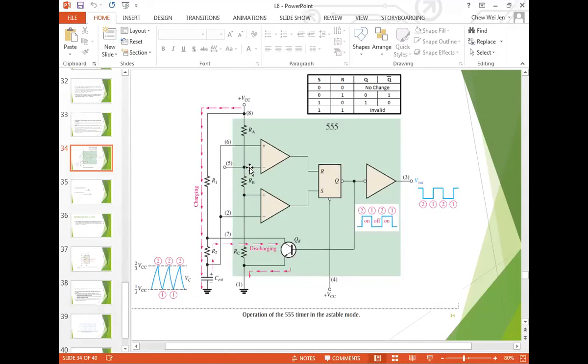Previously, your upper comparator was linked to 2/3 VCC here and 1/3 VCC here. So by putting in the voltage here, what happens? Why does just putting a control voltage at pin 5 make the control voltage control it, giving V control and half V control?